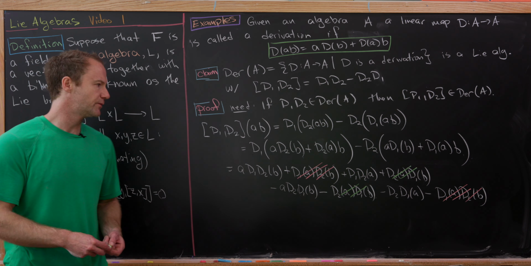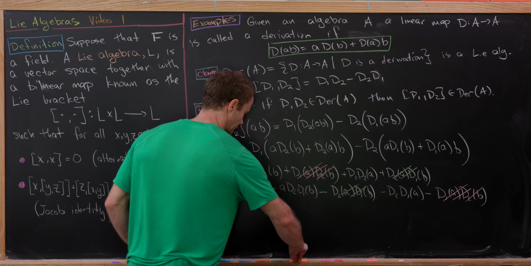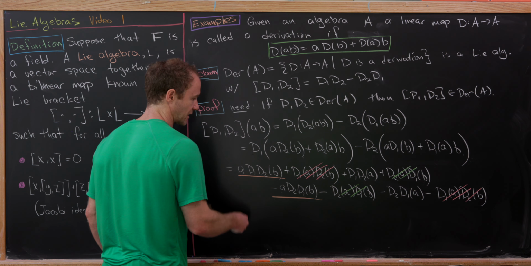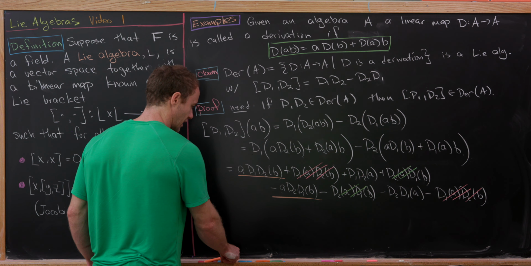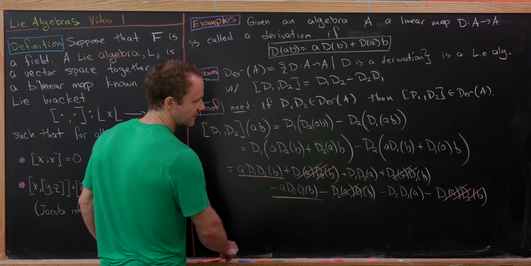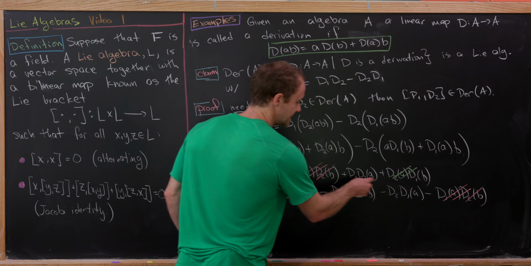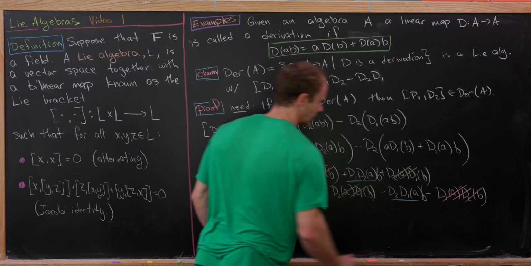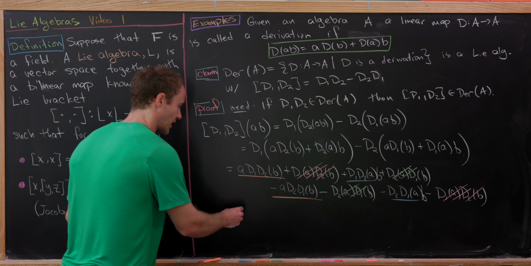And then let's start putting some stuff together that's left over. So let's take these two. Notice they both have an A out front. We can factor the A out of the left. And then let's take these two, which should have had a B on the right. So let's insert that, and we'll factor the B out of the right.